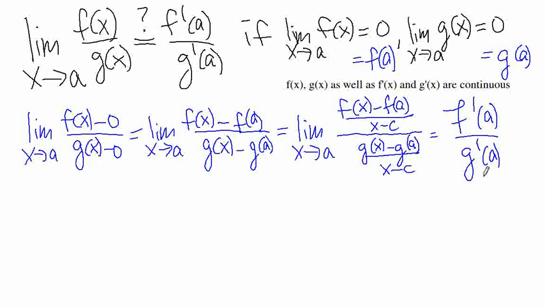This trick only works in a quote-unquote weird situation. In other words, if you have 0 over 0 or infinity over infinity. If you don't have any of those types of weirdness, you can't use L'Hopital's rule. It's kind of funny in that it only works in the tricky cases when you need it to work.